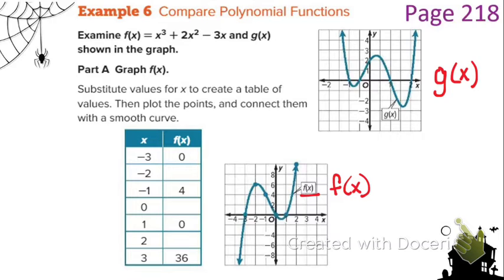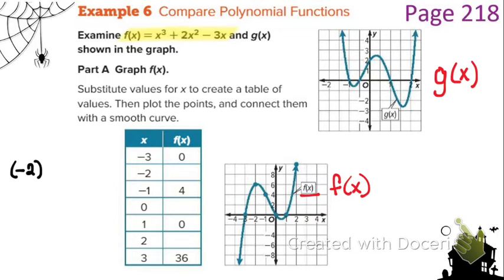Because they graphed it, we can look at the graph to find those points. Now, they did give us an equation, so you can verify your answer by substituting your x values into your function rule. If you're not quite sure, this is your function.